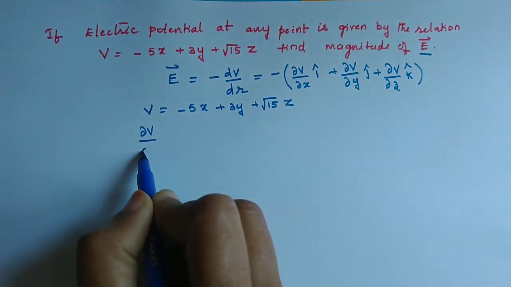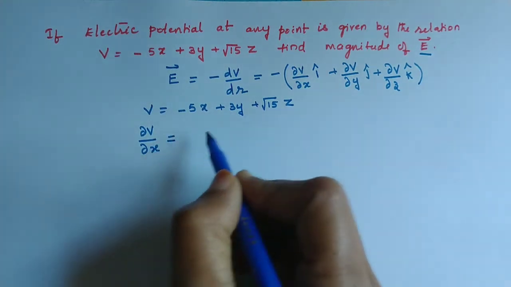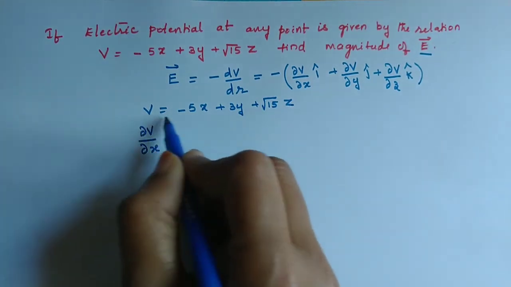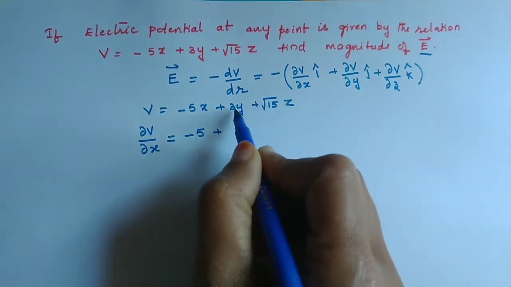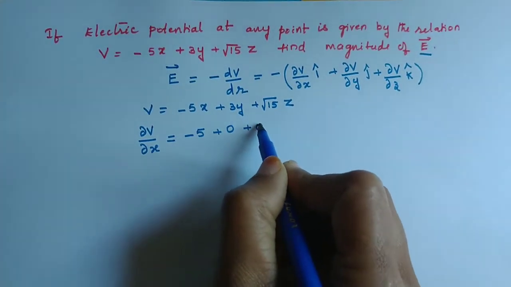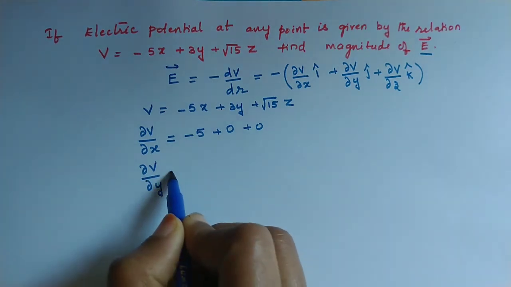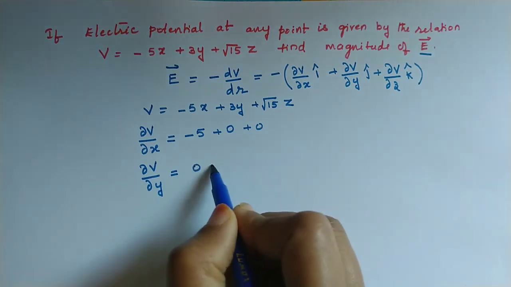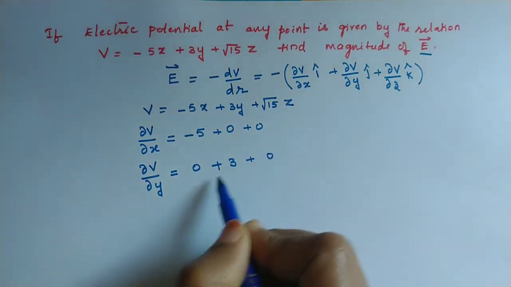Now since V is given as minus 5x plus 3y plus root 15 z, I'll find the value of dou V by dou x. So when you're doing the partial differentiation with respect to x, y and z are considered to be constants. So differential of this with respect to x is minus 5. Anyway, the other terms are 0. Similarly, dou V by dou y, x is considered to be constant. Differential of a constant is 0. Differential of 3y is 3 plus 0.